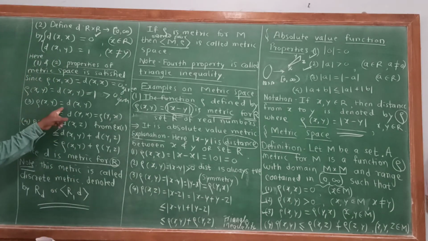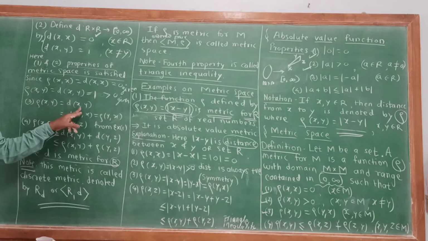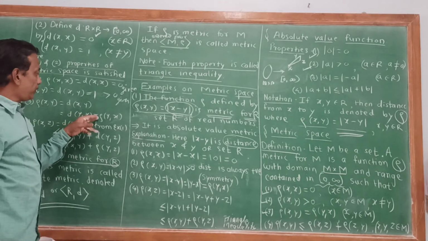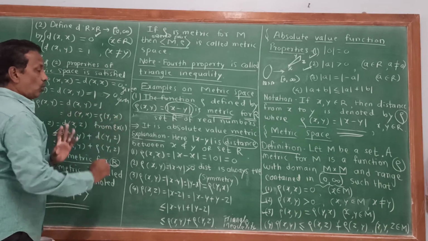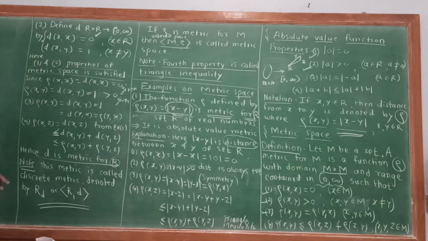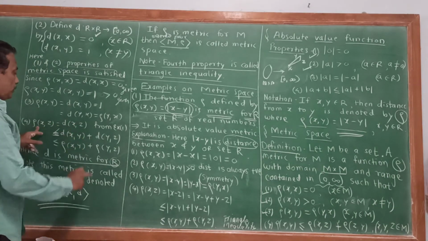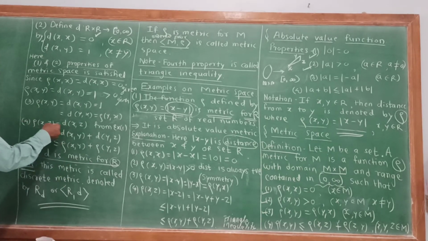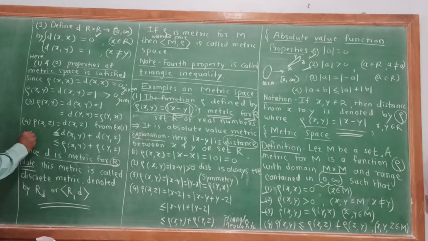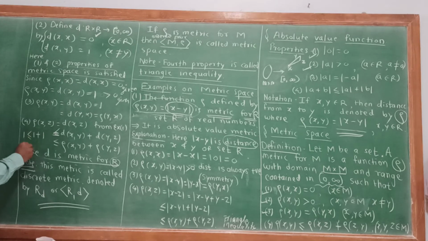Now, third property. We write rho of x y as the distance of x y, and it is nothing but the distance of y x. Here it is 1, and this is also 1, and therefore rho of y x. Now the fourth: rho of x z is less than or equal to rho of x y plus rho of y z. If x is not equal to y, we write 1. Here 1 is always less than or equal to 1 plus 1, isn't it? Therefore 1 is less than or equal to 2.